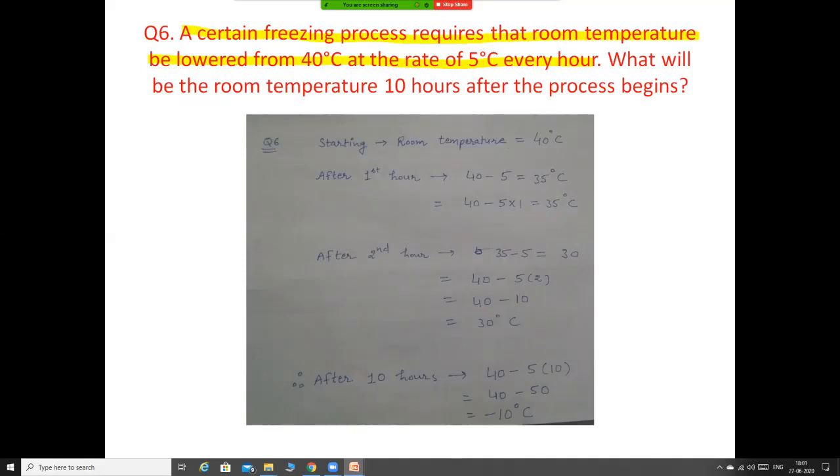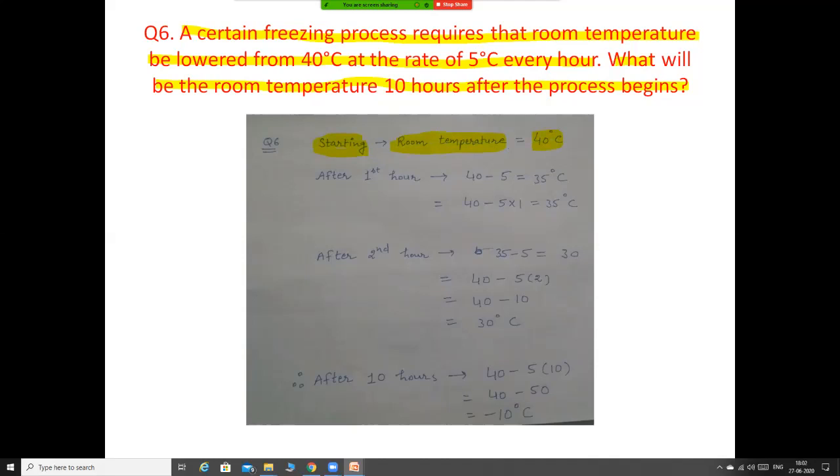What will be the room temperature 10 hours after the process begins? First of all, what is the starting temperature of the room? The starting temperature of the room is 40 degrees Celsius.